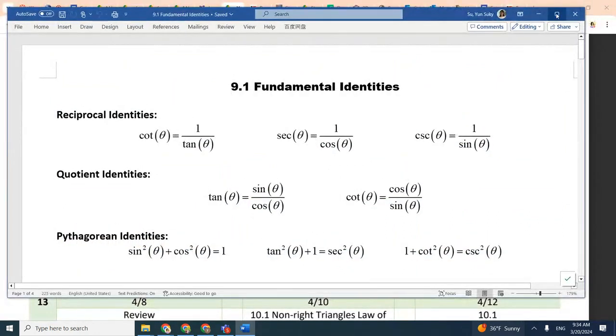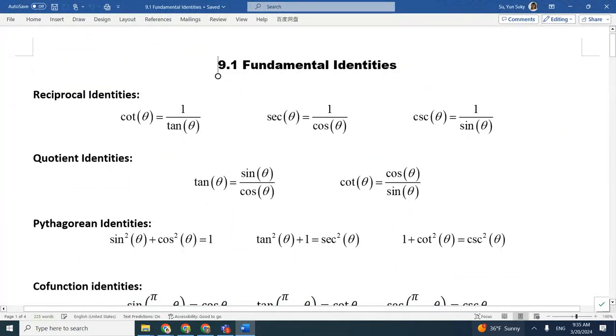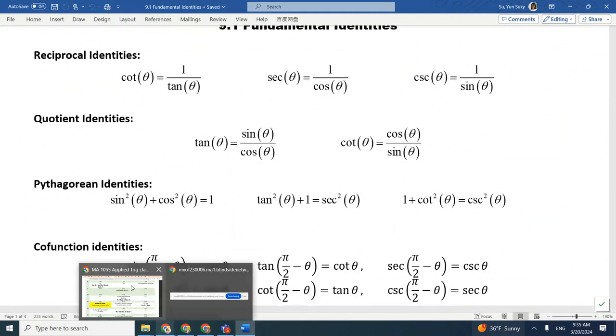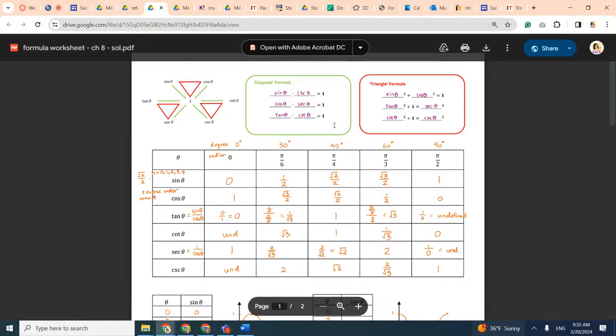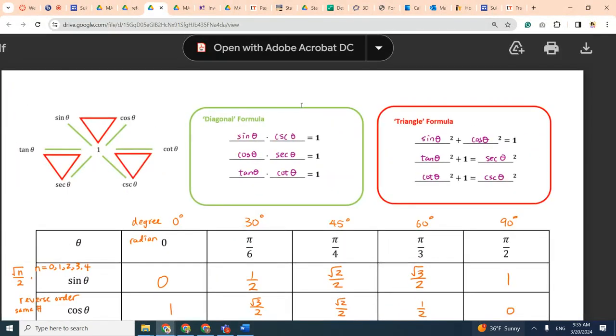Okay, let's take out your 9.1 handout. So 9.1 is about fundamental identities. All these identities we have learned before, right? So you remember our hexagon? Look at the diagonal, then we get the diagonal formula, right? Look at the triangles, we get the triangle formulas.